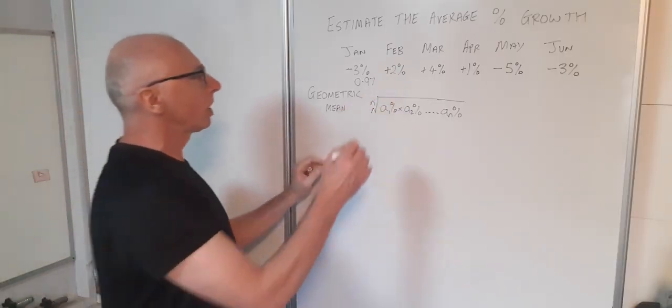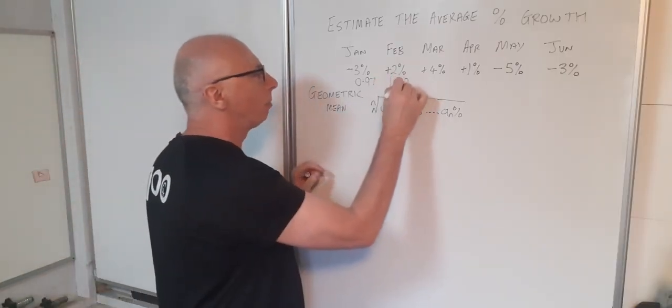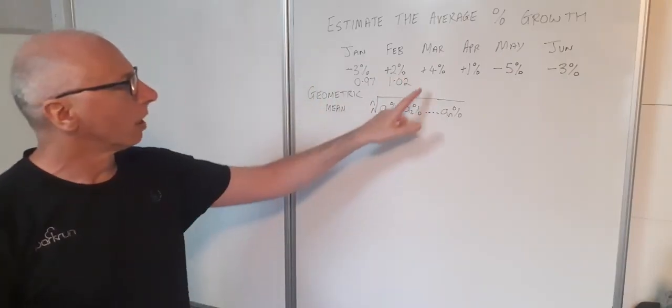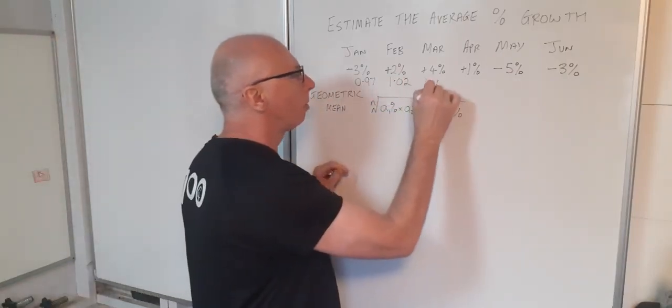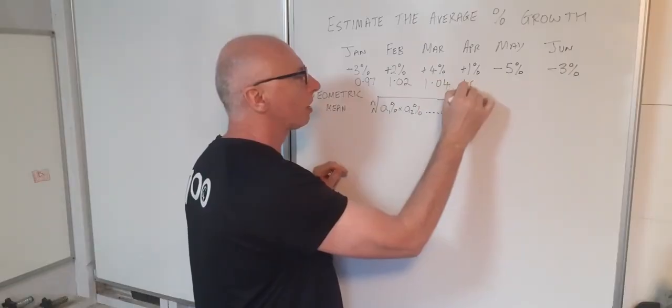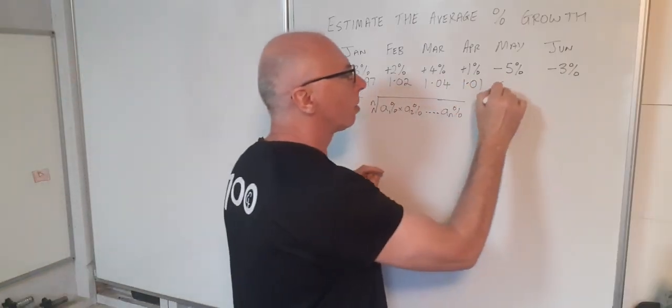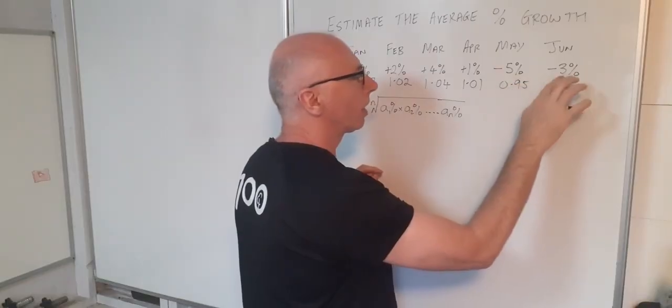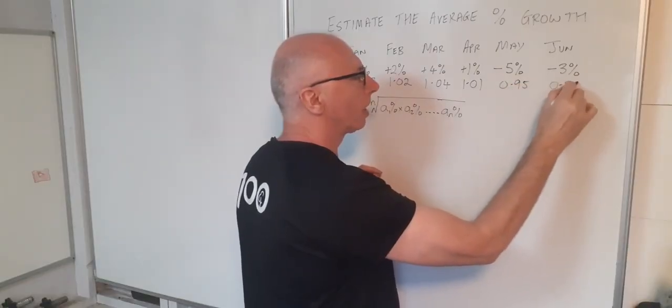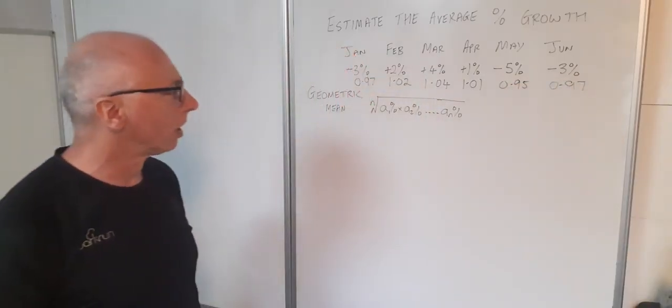A rise of 2% would be 1.02, 4% is 1.04, 1% is 1.01, down 5% is 0.95, and down 3% is 0.97.